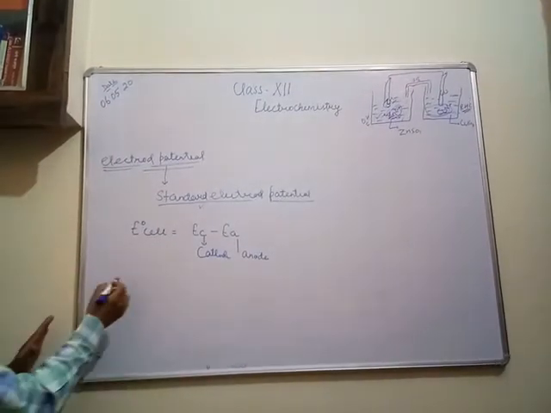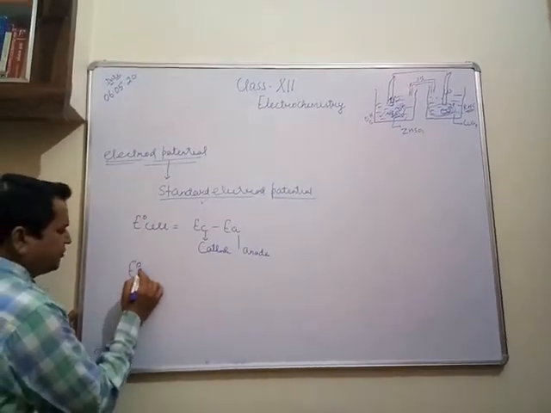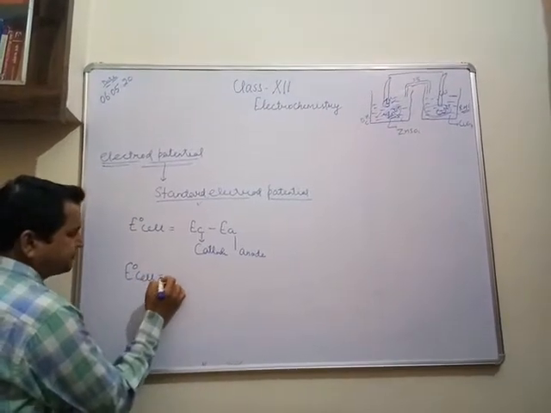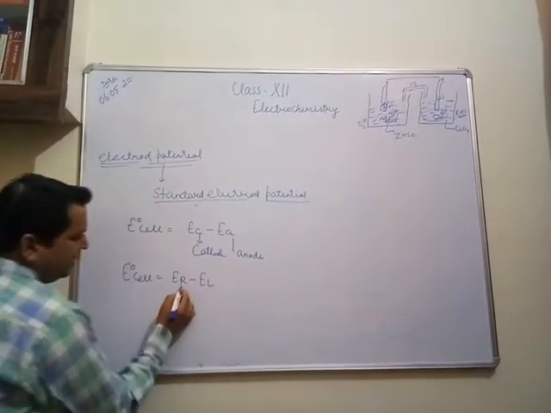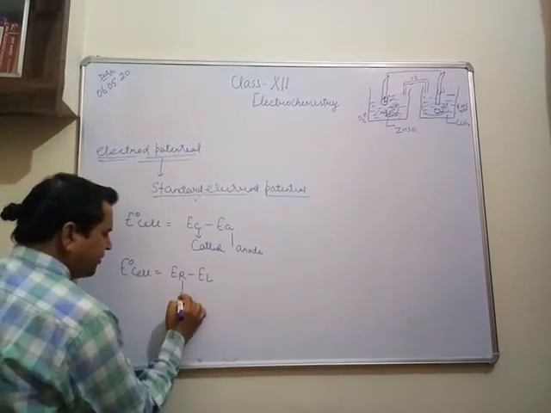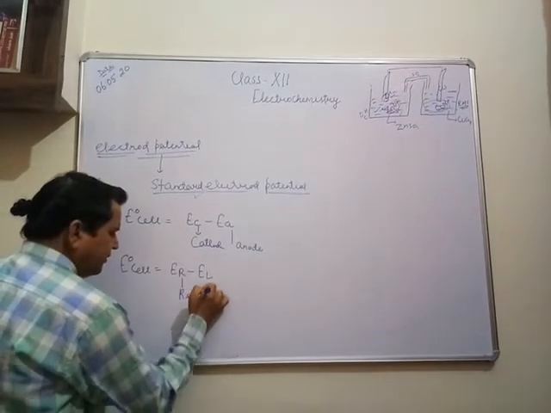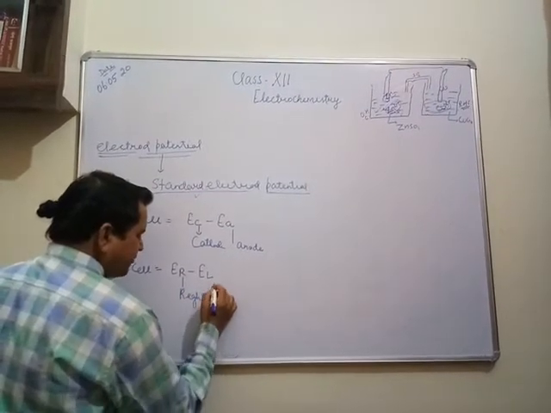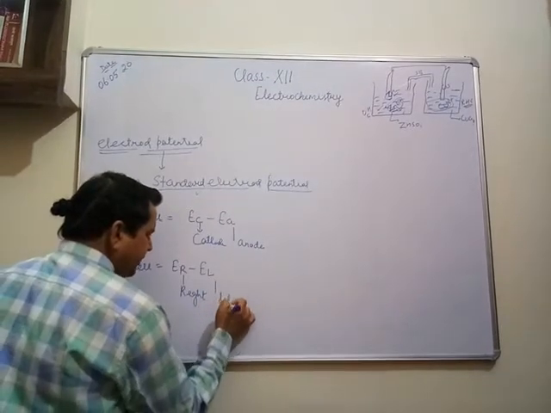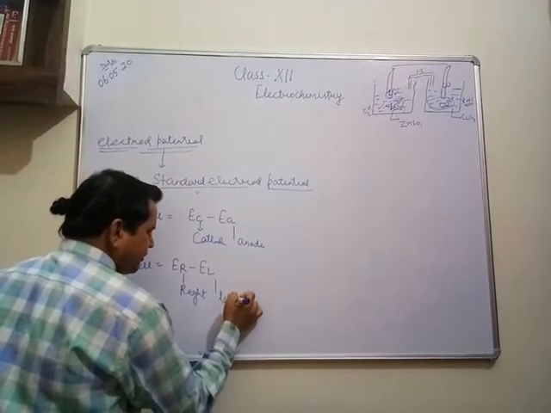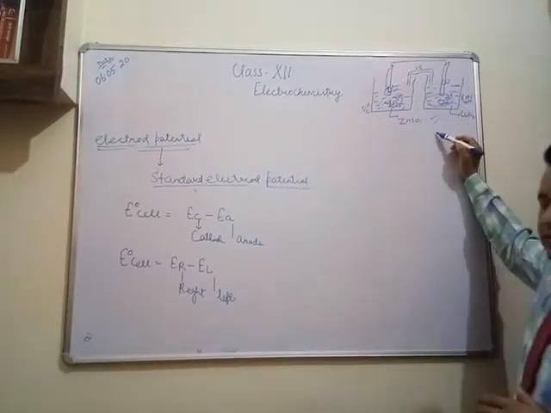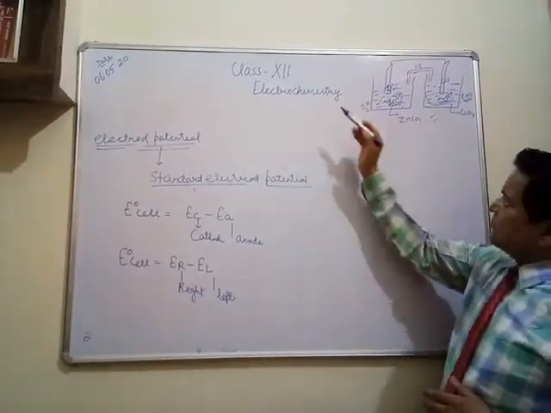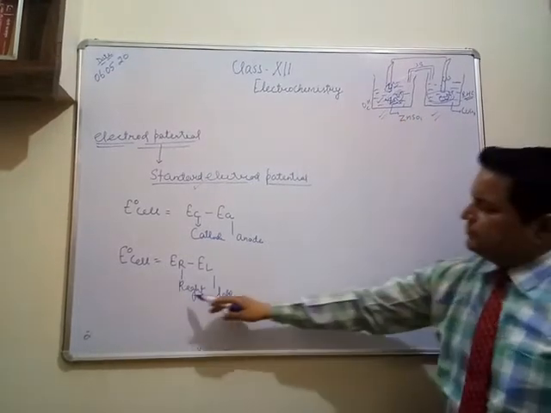I can also write this E naught cell as ER minus EL. Here the R stands for right and L stands for left, meaning the reduction potential of the right cell and the reduction potential of the left one.